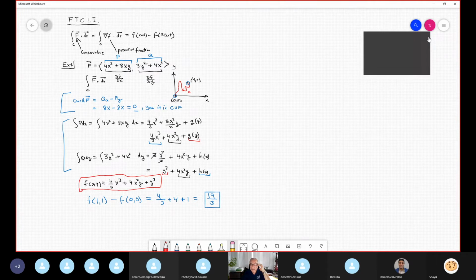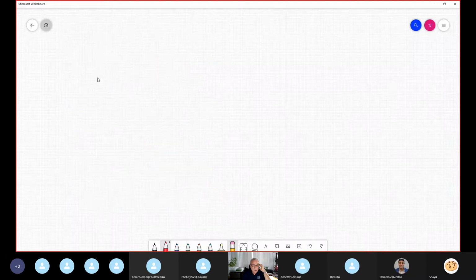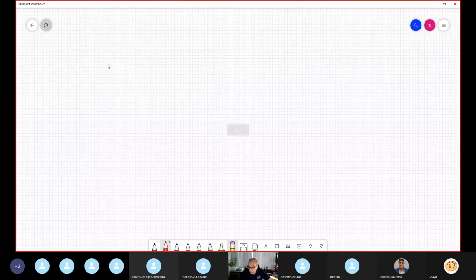Out of curiosity, in 3D it's exactly the same. The only complication is that we have one extra dimension. Okay, suppose that you have a vector field.